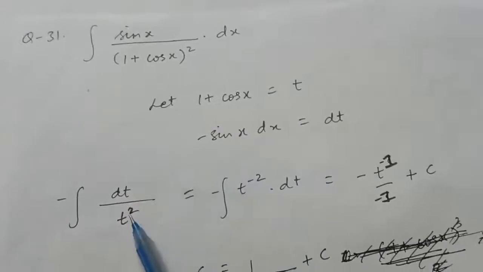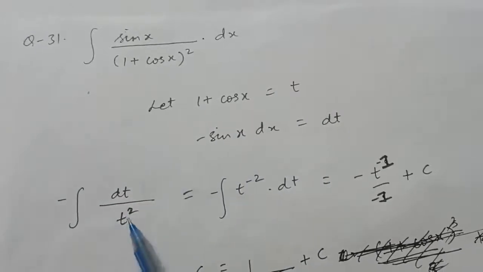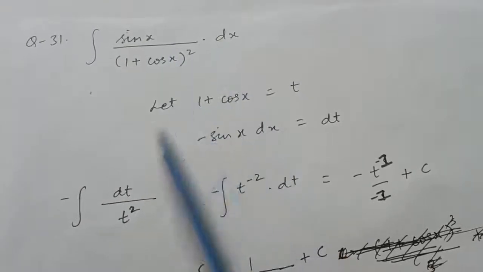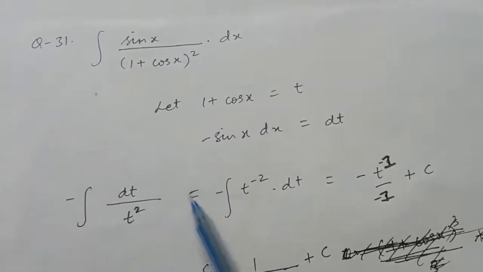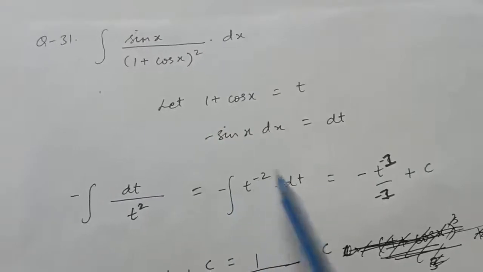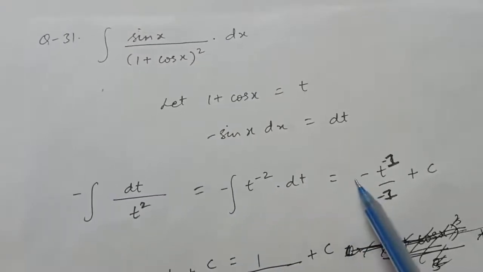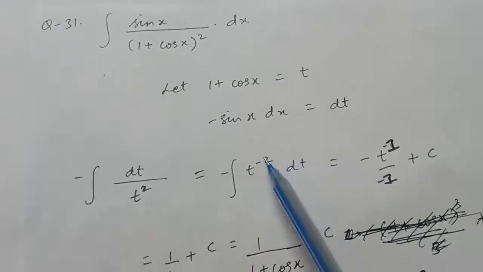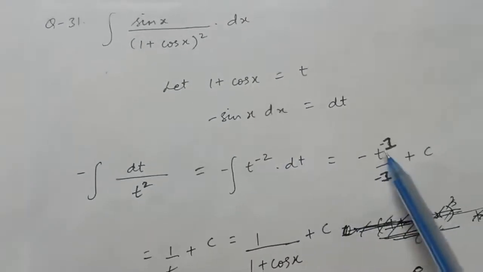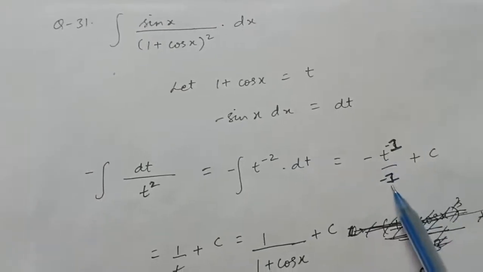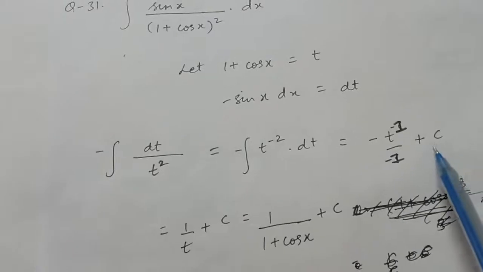Now the integral will become the integral of t square in place of 1 plus cos x whole square, and sin x dx is minus dt, which is equal to minus integral of t raised to the power minus 2. Now minus, as it is, integral of t raised to the power minus 2 is t raised to the power minus 2 plus 1, that is minus 1, upon minus 1 plus c.